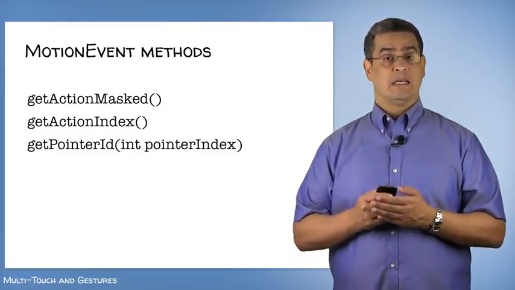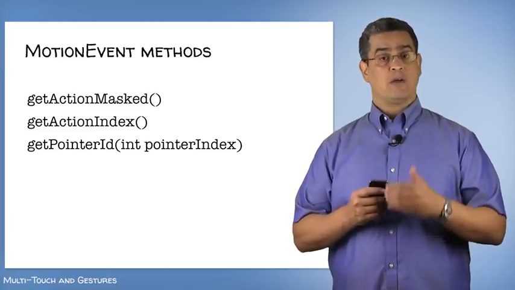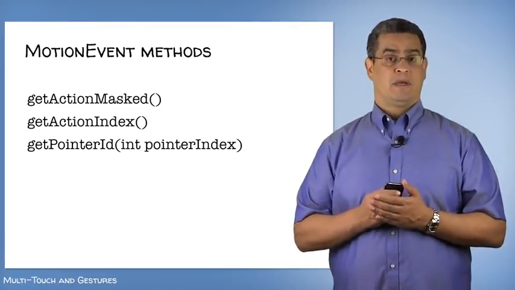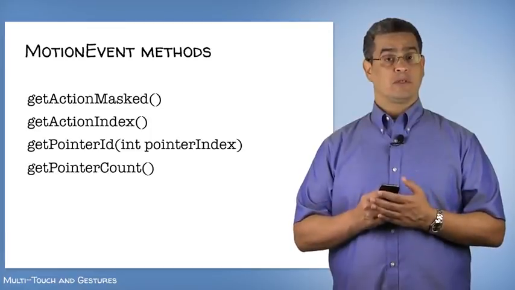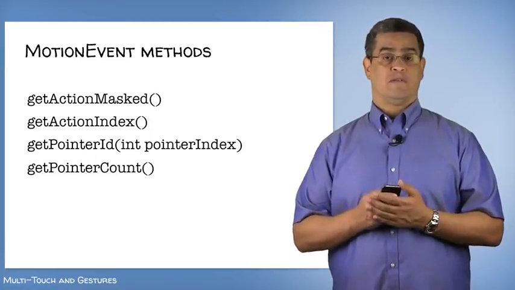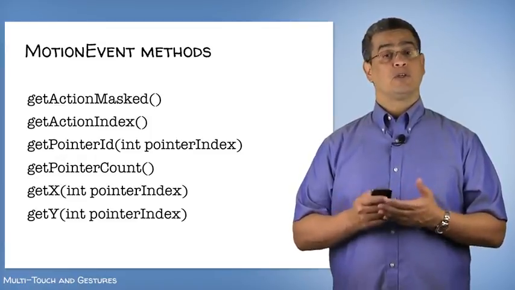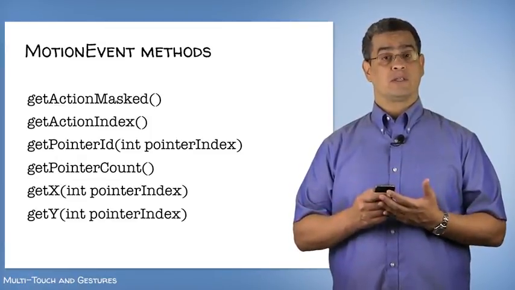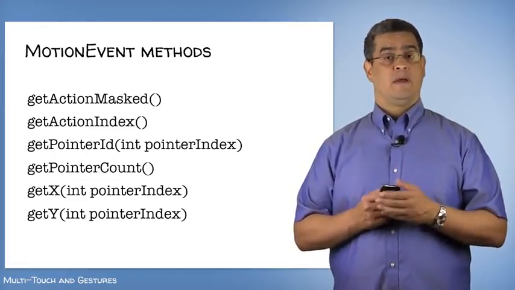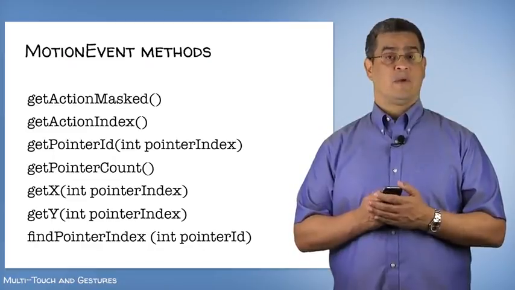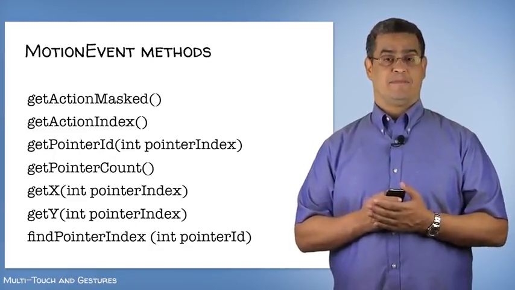Given an index, this method returns the stable ID of the pointer associated with that index. getPointerCount, which returns the number of pointers associated with the motion event. getX and getY, which return the X and Y coordinates of the pointer stored at the current index. And findPointerIndex, which returns the index associated with the given pointer ID.